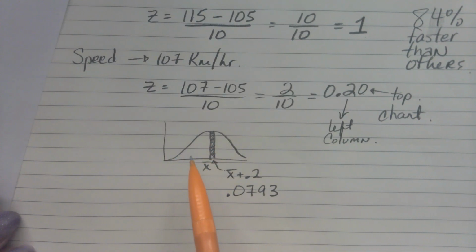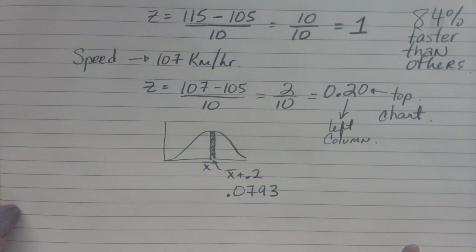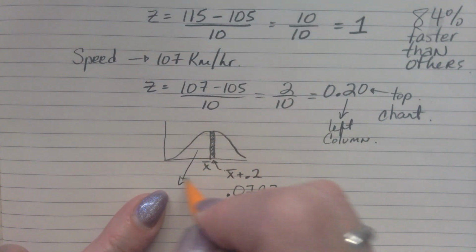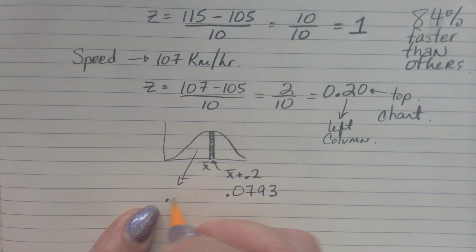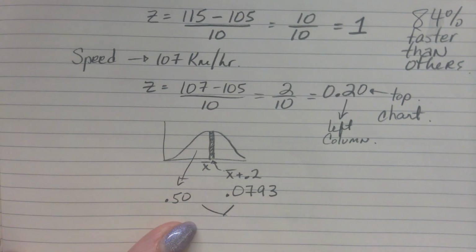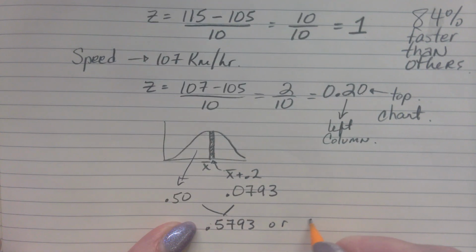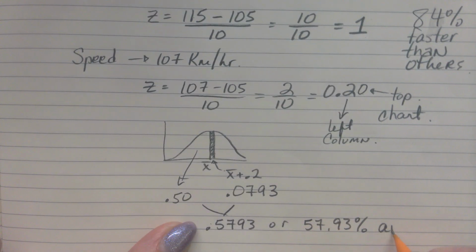So if I wanted to know how many people were driving slower than me, I have to add on this piece too, which is 0.50, 50%, right? So my total would be 0.5793, or 57.93% are slower than me.